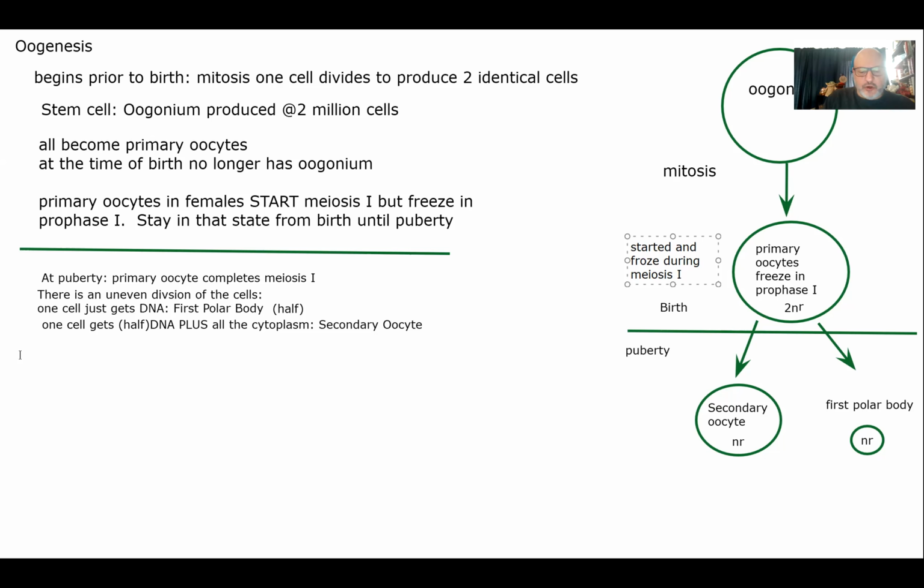Our secondary oocyte starts meiosis 2, and it gets a little farther this time, but it still doesn't get to finish it. It freezes during metaphase 2. So it starts and freezes.